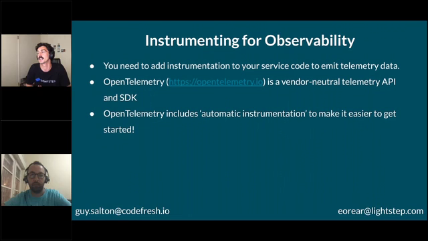It includes automatic instrumentation options that make it really easy to get started if it's for the right languages. There is, of course, manual instrumentation that will always build on top of this automatic instrumentation, but these agents really provide a good base layer for understanding performance in your system without needing to modify your code very much at all.